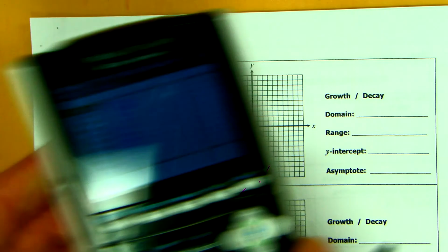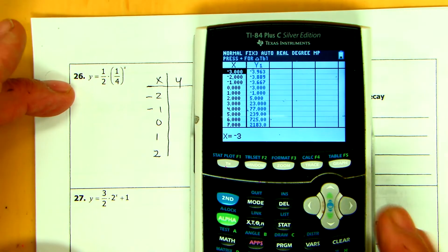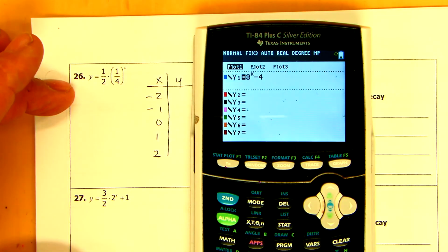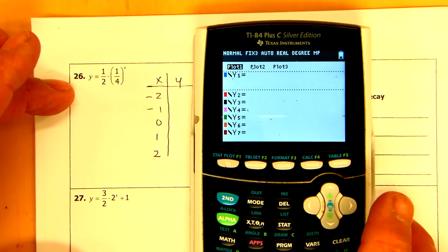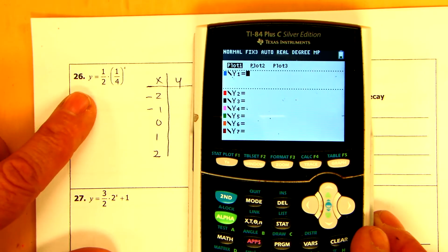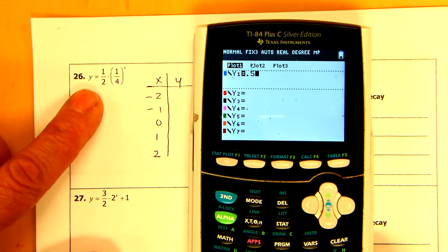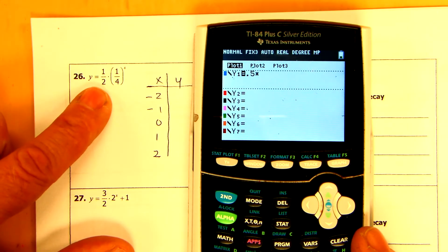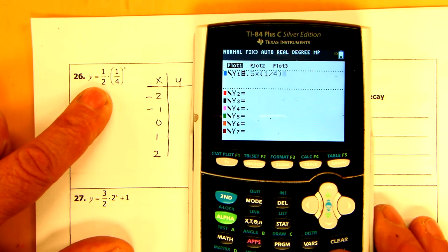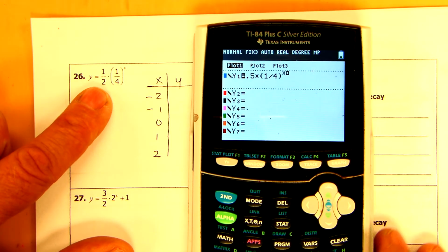I'm going to take my calculator, go back to y equals, clear out the equation I had, and put this equation in. Y is equal to a half, so 0.5, times, in parentheses, 1 divided by 4, raised to the x power.